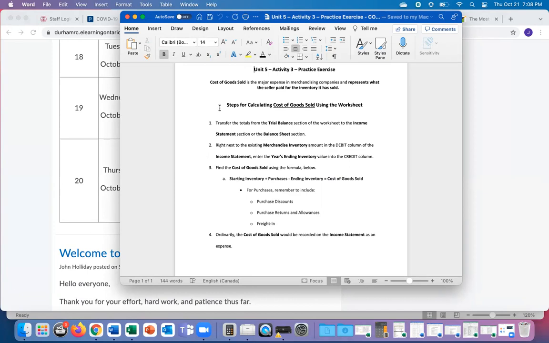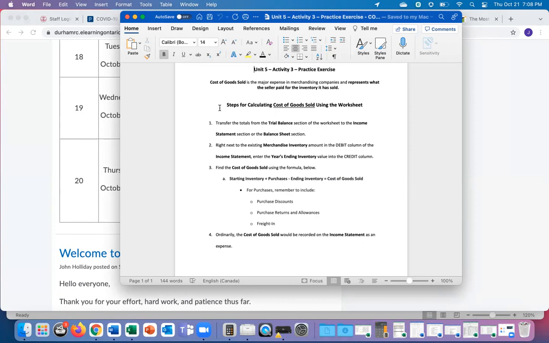Now we're on to merchandise businesses, and as I said, they sell stuff. They might sell cell phones or water bottles or candles or any number of things, right? Because of that, the different kinds of business have a couple of different accounting things.